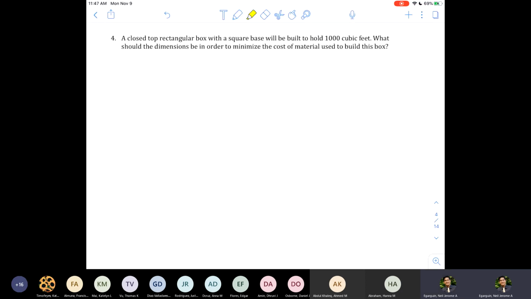So number 4, a closed-top rectangular box with a square base will be built to hold 1,000 cubic feet. What should the dimensions be in order to minimize the cost of material used to build this box?